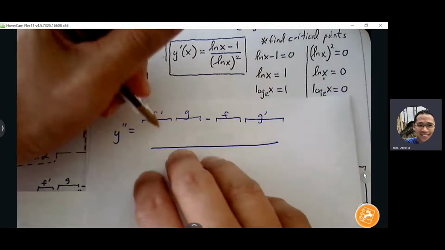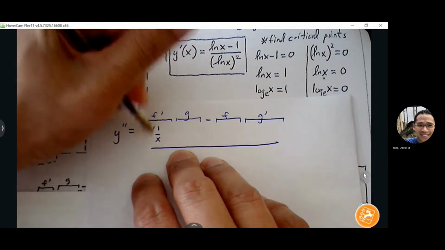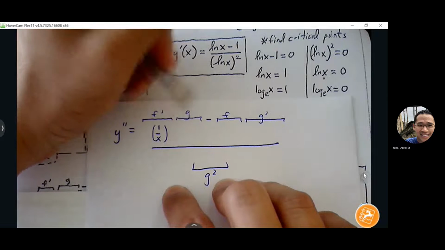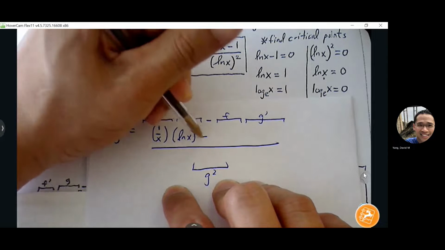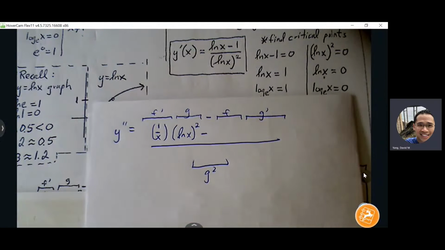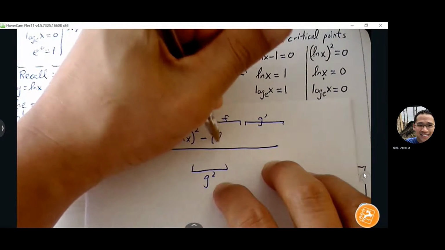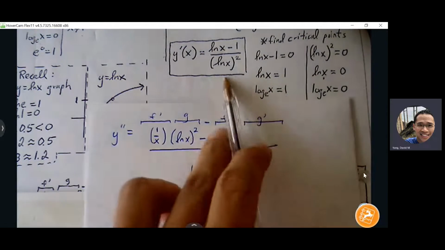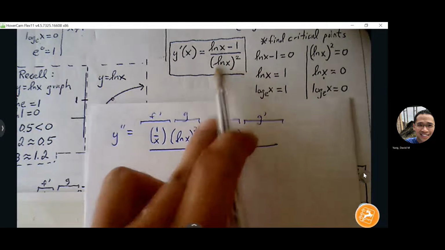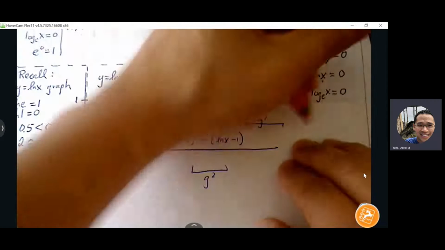Okay, f prime. Function. Back to f. Okay, g prime, this is where we have to use what? Chain rule. Yep, outside, inside.